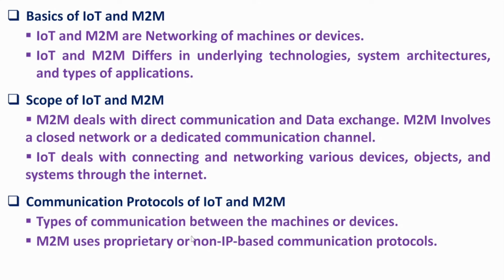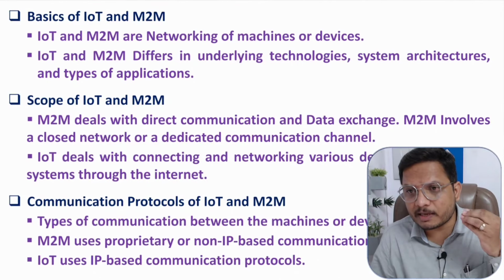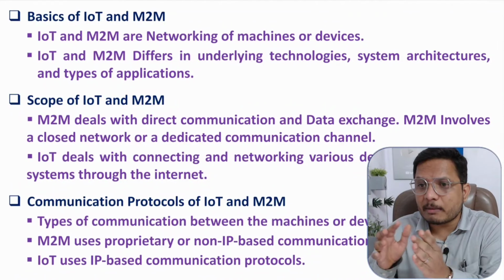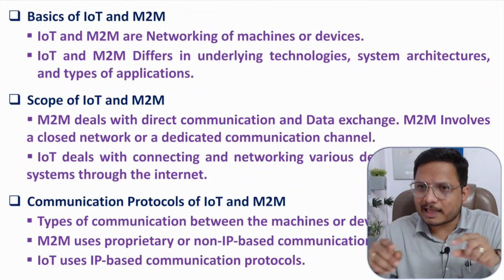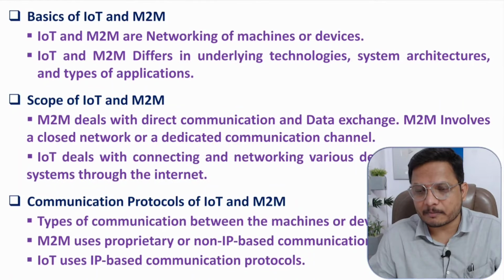But in IoT, IP based communication protocols will be there. Right now in 2023, we have IPv4 and IPv6, by which we provide all the communication. At last, I'll explain how both technologies differ protocol-wise.